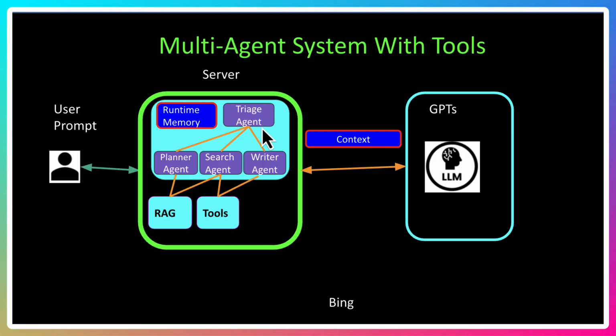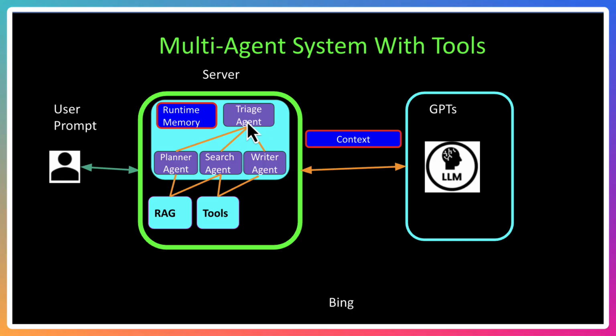Now, let's take a look at a multi-agent system. The idea with this is that we won't give all the tools to all the agents. We'll have specialized agents. So here we've got a triage agent. Its job is to look at the prompt and understand which of the agents, the planner, the search, or the writer, that prompt should be passed to.